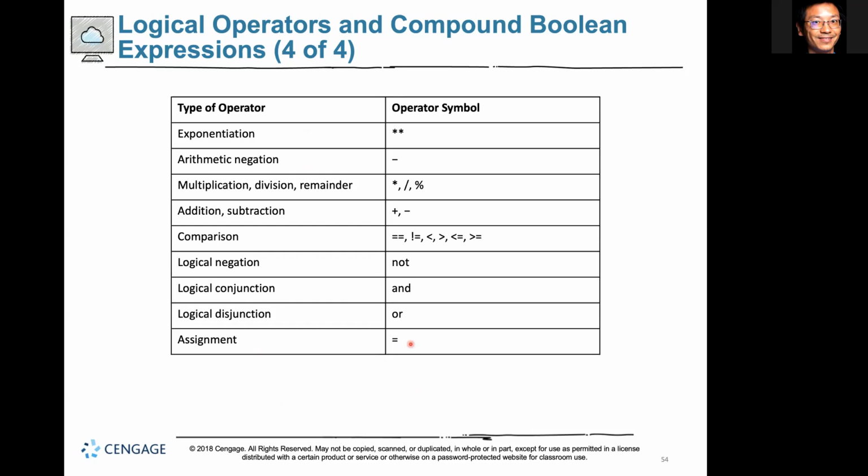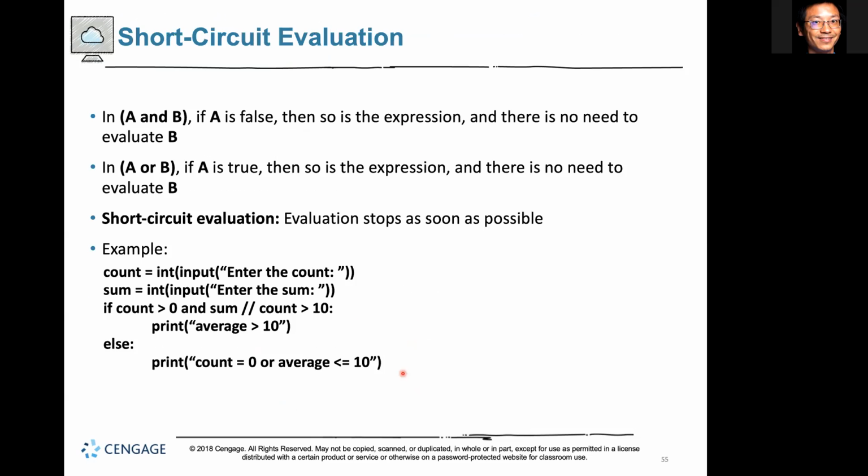So far you have been introduced to all these operators, and these are the symbols that you've seen. Now, in the case of evaluating a logical expression, the condition you may use in the selection statement has a property of a short circuit. Short circuit evaluation, what does that mean?